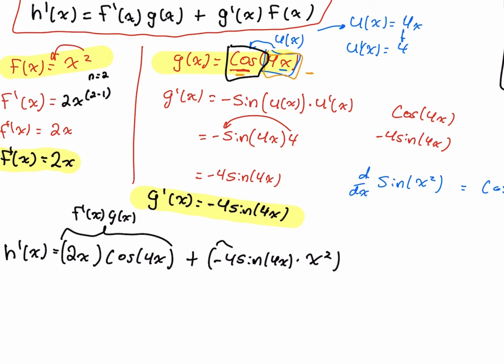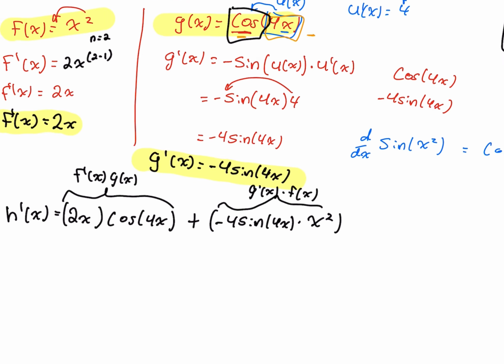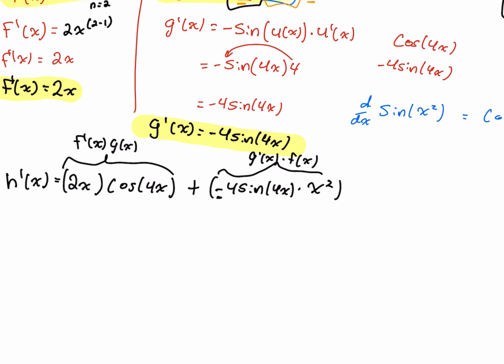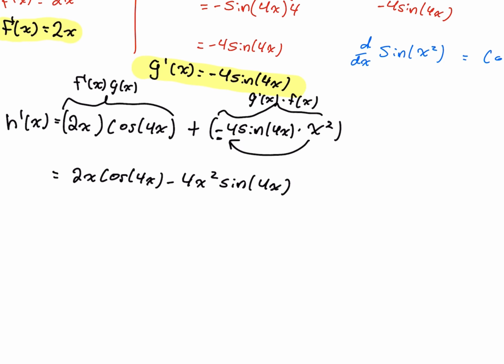Great. So this is g prime x times f of x. All right. So now we can distribute this minus a little bit and make things look a little bit neater. So this is going to be 2x cosine 4x minus 4x squared sine 4x. And I'm just moving these terms around a little bit to make them a little bit neater.